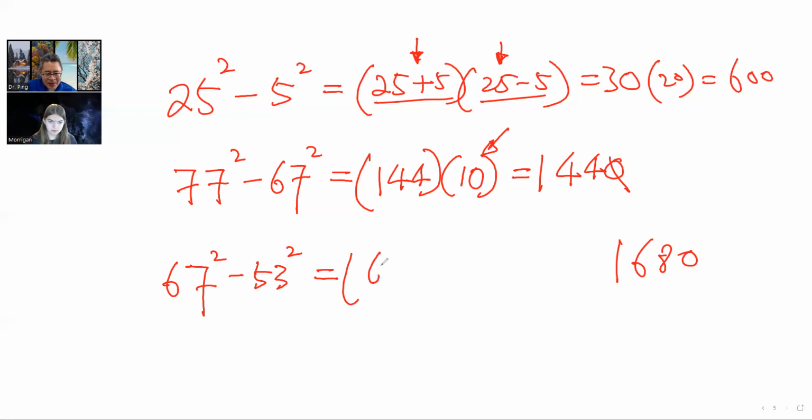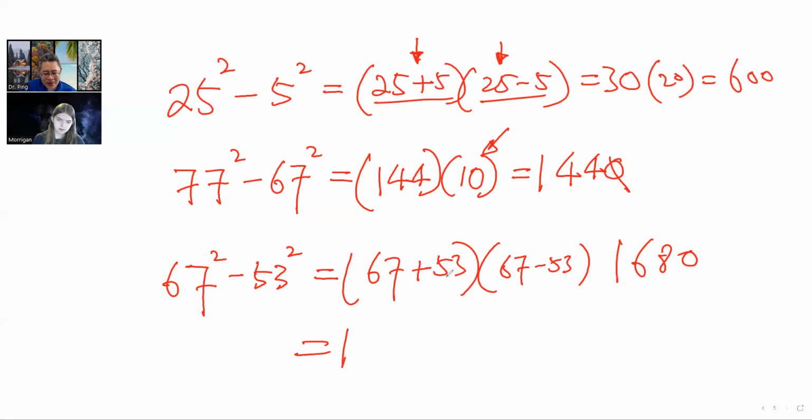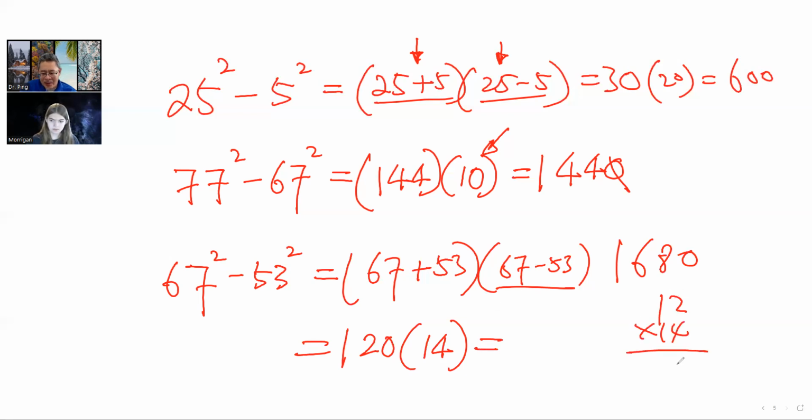So that basically is 67 plus 53, then 67 minus 53, and this side is 120, right? Times this side is that, right? So 12 times 14 is 168, so 1,680.